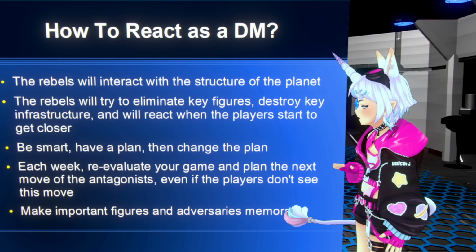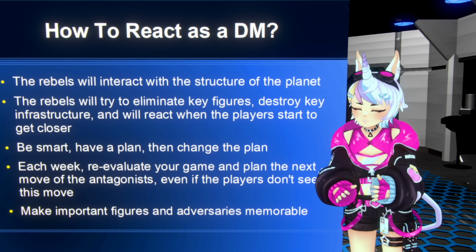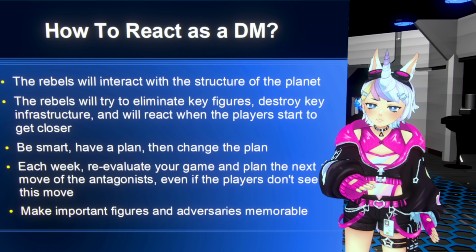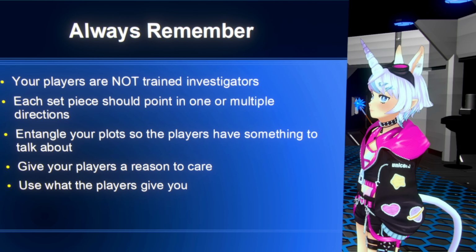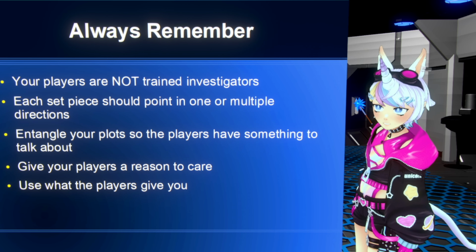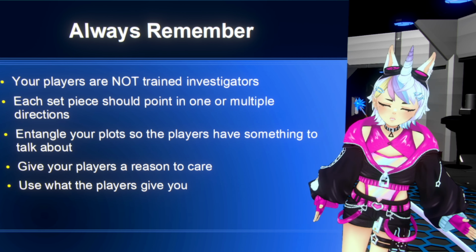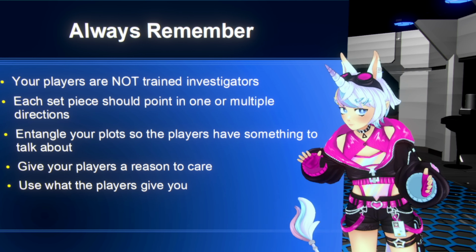You need to make important figures and adversaries very memorable and give them key set pieces which will blow your players away. After all, when you go and find the big bad guy, you're going to want it to be memorable, right? But always remember, your players are not trained investigators. You can't afford to be perfect.